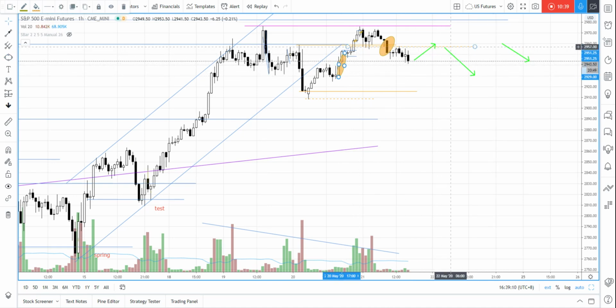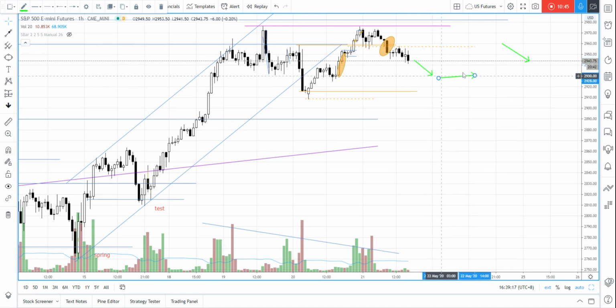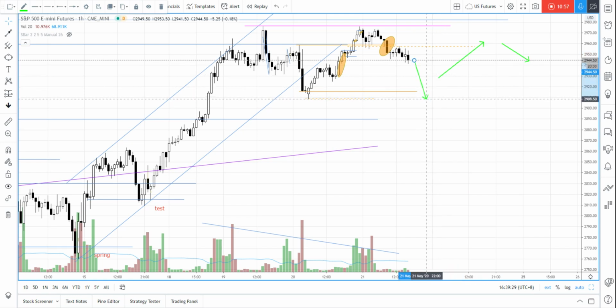So if it does keep going down into the US session, this is one of the levels that I pay attention to, like 2930. If it can bounce up from there, then probably can consider a trade. Otherwise, we still have the swing low there, 2910 or 2908. So somewhere around there.